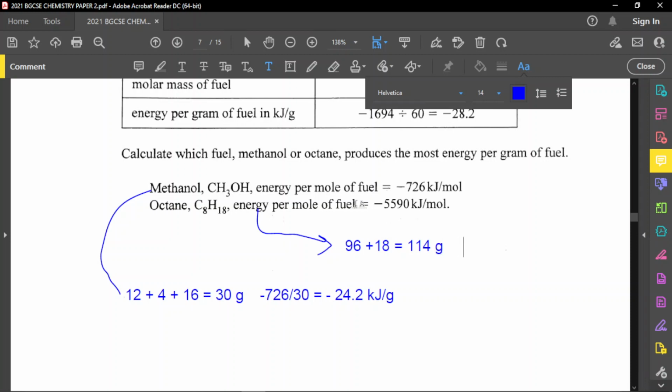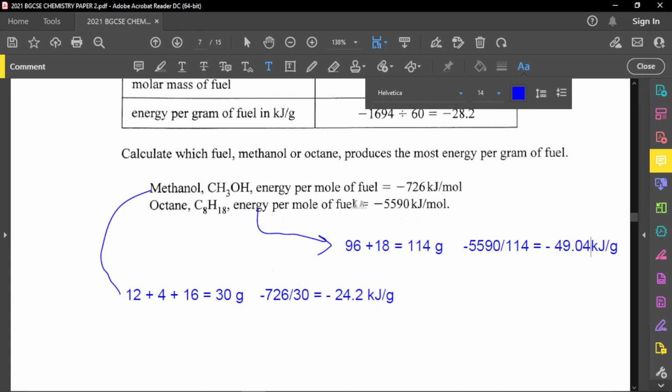And now the calculation for octane is minus 5590 divided by 114. When we do this division, we get negative 49.04, and it's going to be kJ per gram.